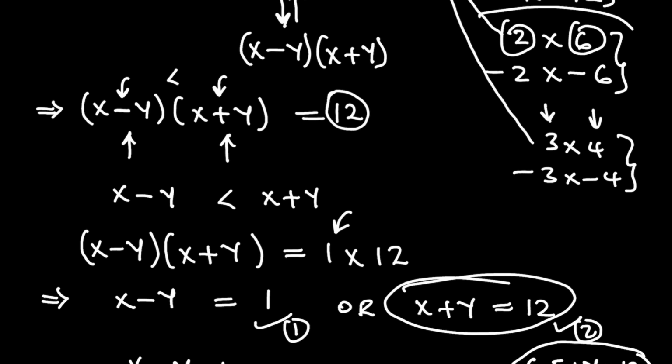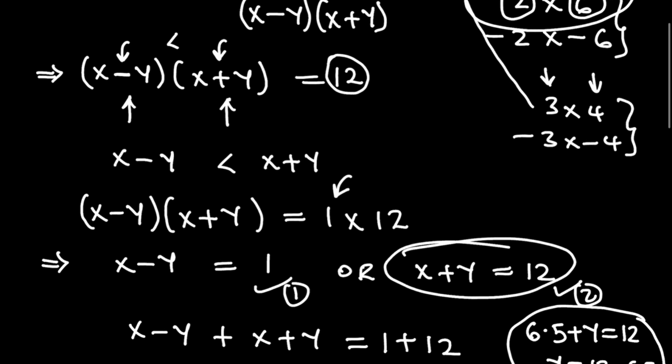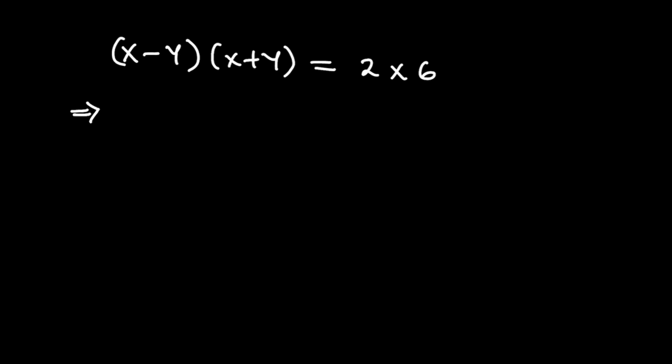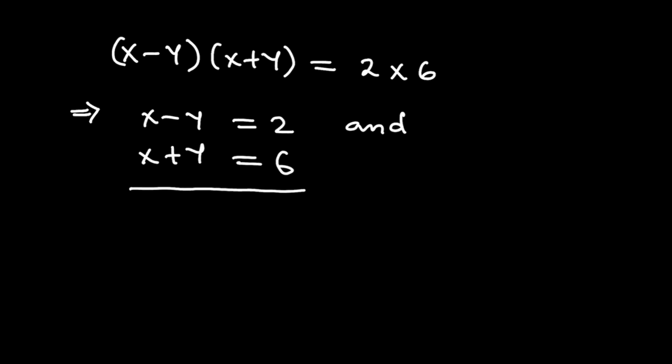The next in line will be this 2 and 6. We have x minus y times x plus y is equal to 12, and 12 is now 2 and 6. This implies that x minus y is equal to 2 and x plus y is equal to 6. Let's add this together and solve simultaneously.